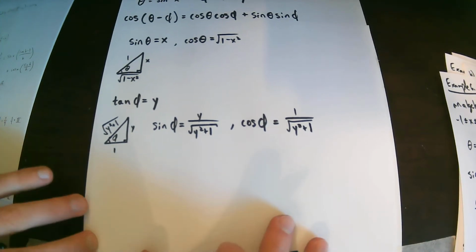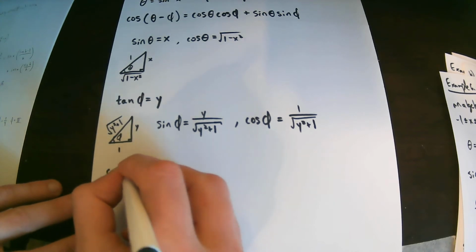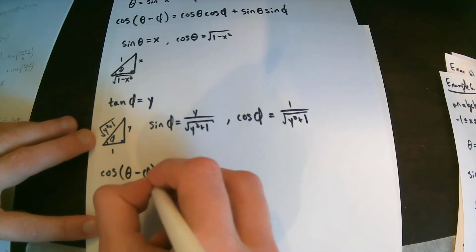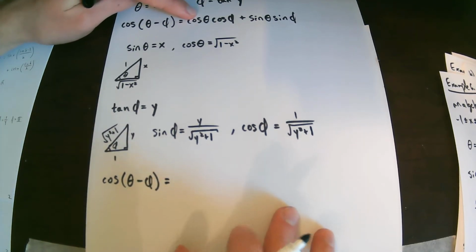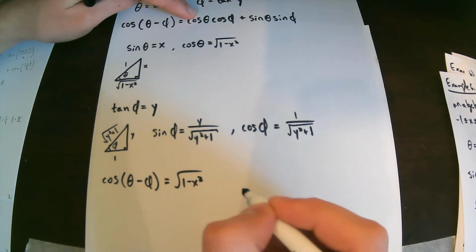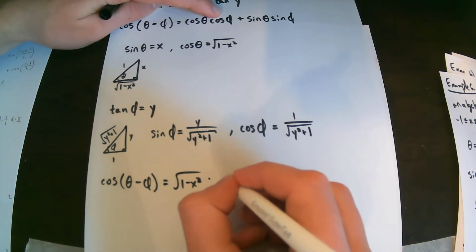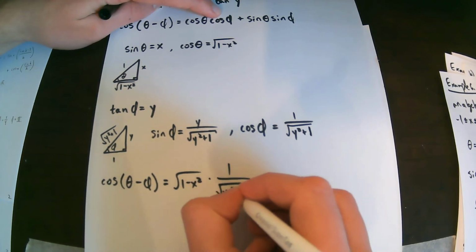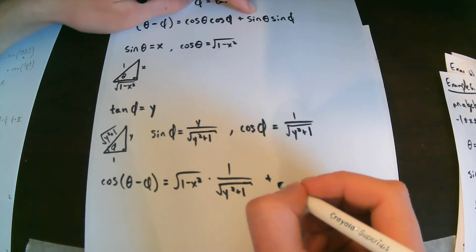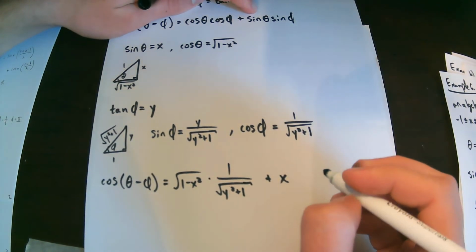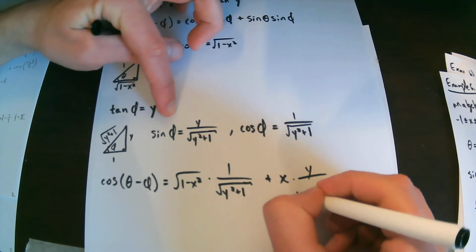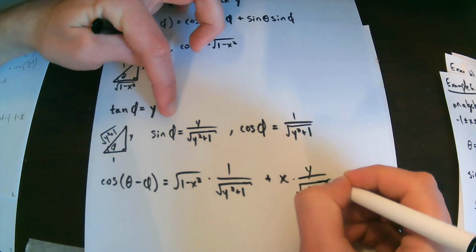Alright, now we have all four pieces, so rewriting this, cosine of theta minus phi is equal to cosine of theta, which is the square root of 1 minus x squared, cosine of phi is 1 over the square root of y squared plus 1, plus sine of theta is just x, and then sine of phi is y over the square root of y squared plus 1.